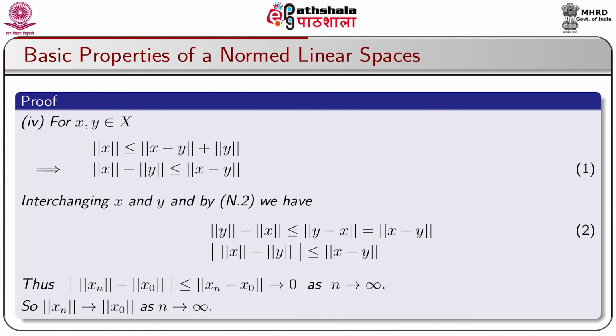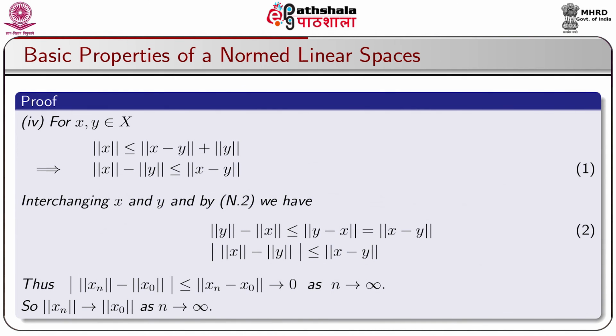For 4, the proof of 4: for x, y belonging to capital X, norm of x is less than or equal to norm of x minus y plus norm of y, by triangle inequality axiom N3. So, this implies norm of x minus norm of y is less than or equal to norm of x minus y.